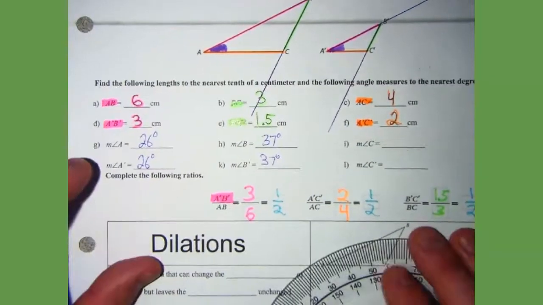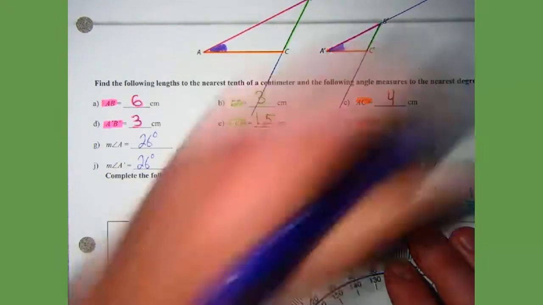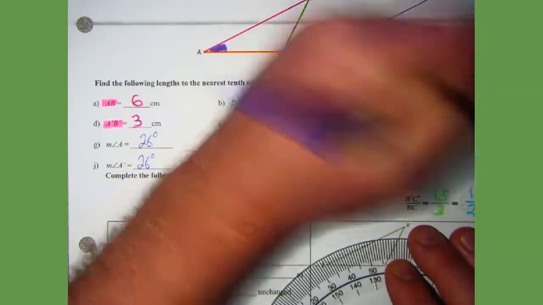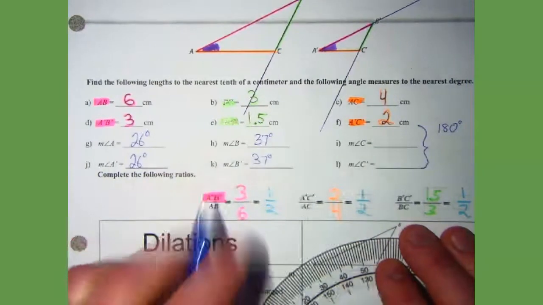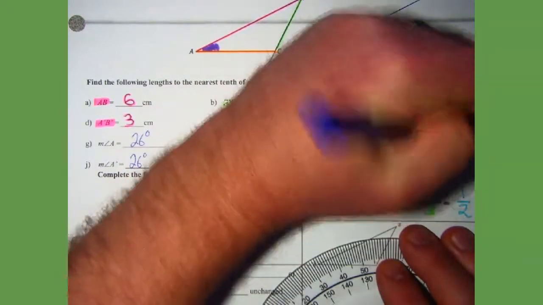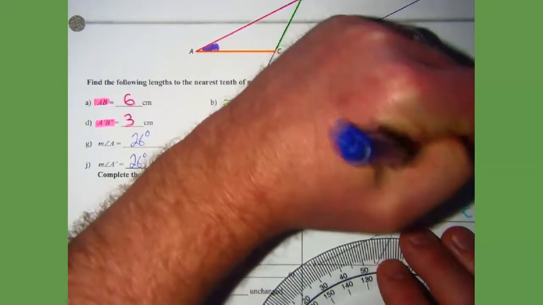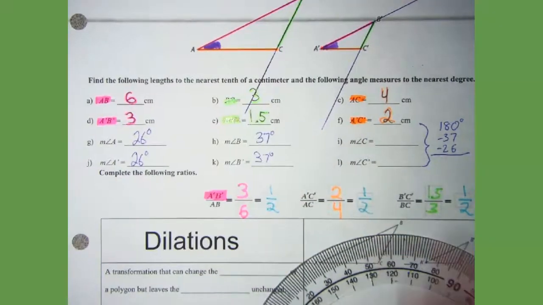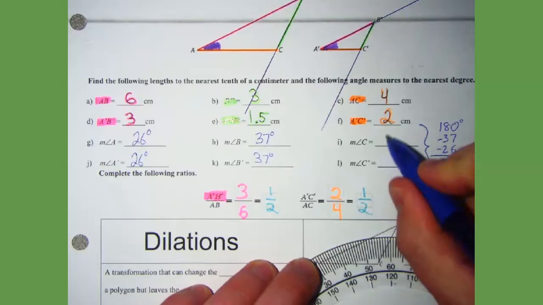So we take 180 degrees and subtract 26 and subtract 37. That will give us those two. So 37 and 26, subtract both of those, and we'll get 117 degrees for each one of those.